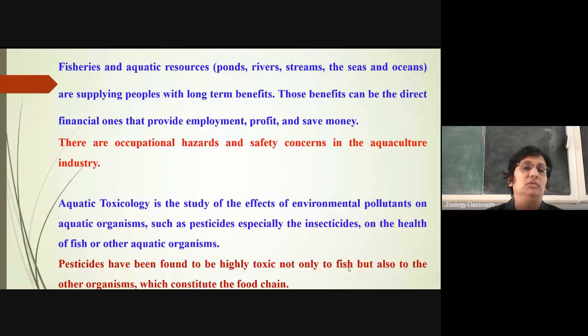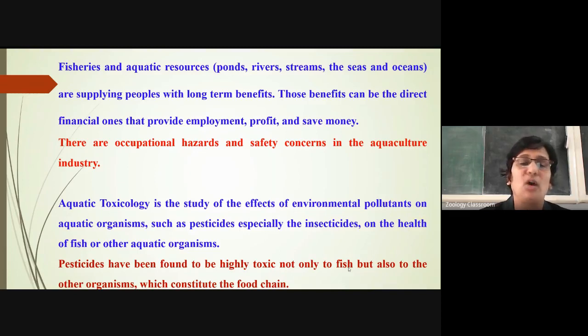Now, the fisheries and the aquatic resources. Aquatic resources are ponds, rivers, streams, seas, and oceans. These aquatic resources supply long-term benefits to human beings. These benefits are financial, and they provide employment and profit, and when people get employment, they get money and save that money.